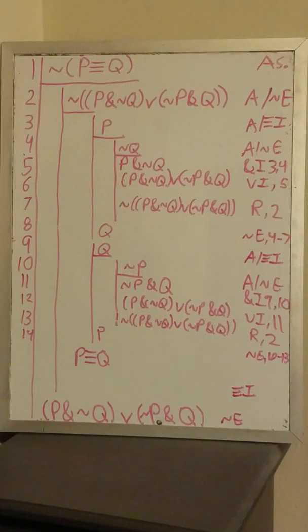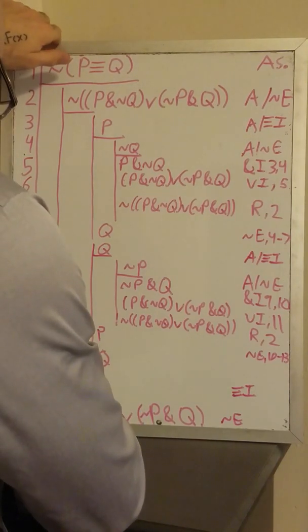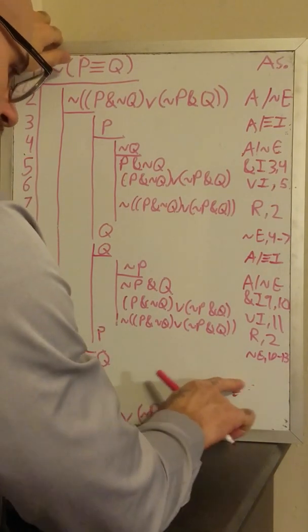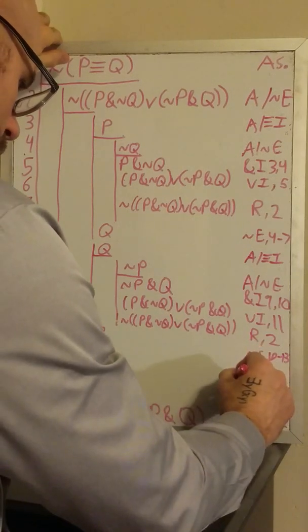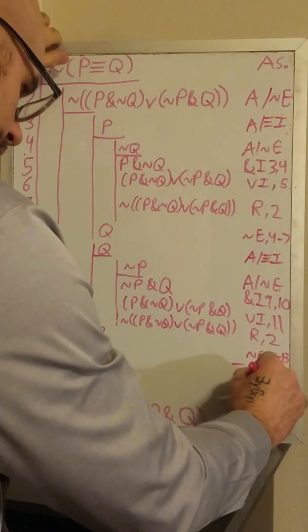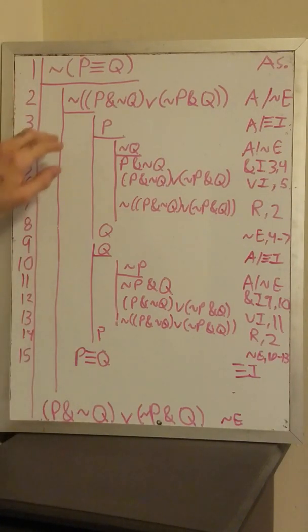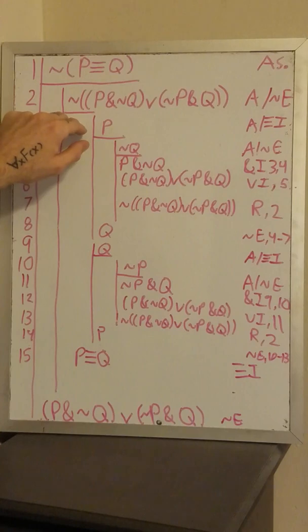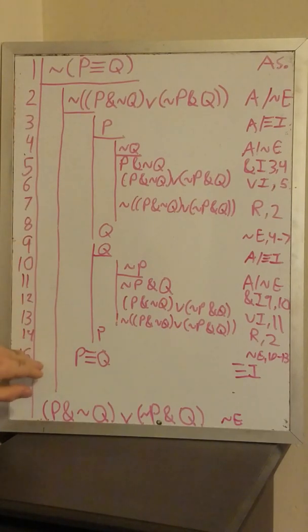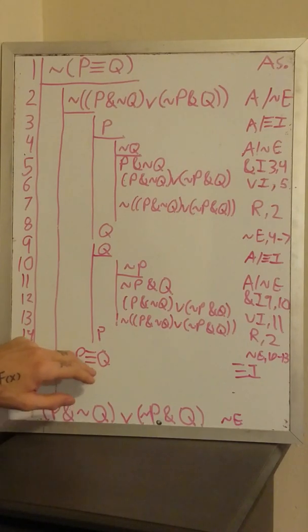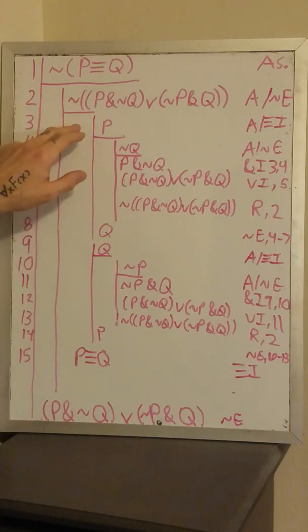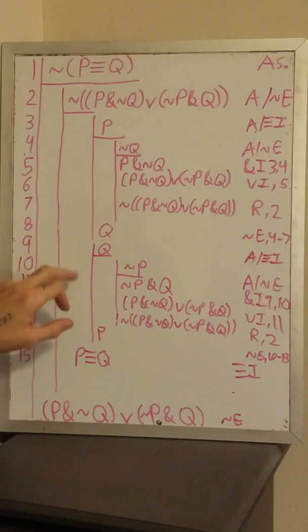Okay, so now we're able to conclude line 15. We should move this up here so it lines up a little bit more. We're able to conclude that P is equivalent to Q on this assumption, right? Notice we're still inside of this subderivation. P is equivalent to Q based on lines 3 through 8 and 9 through 14.